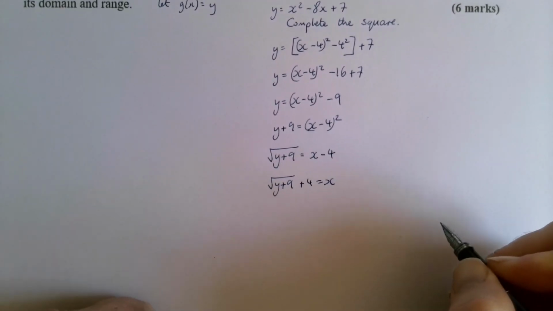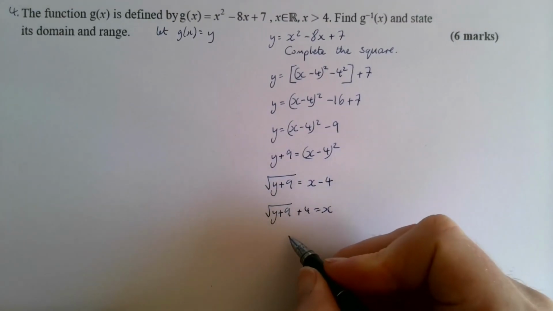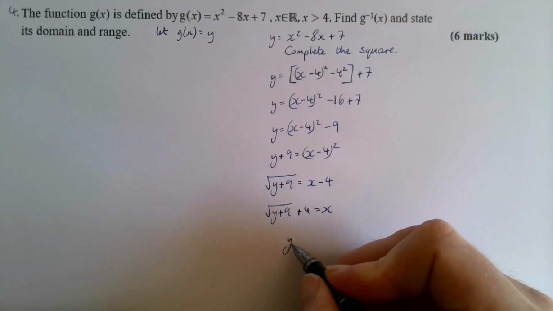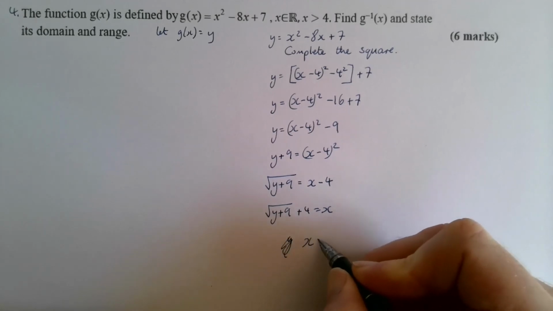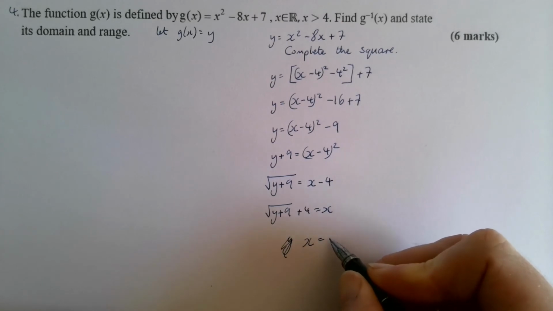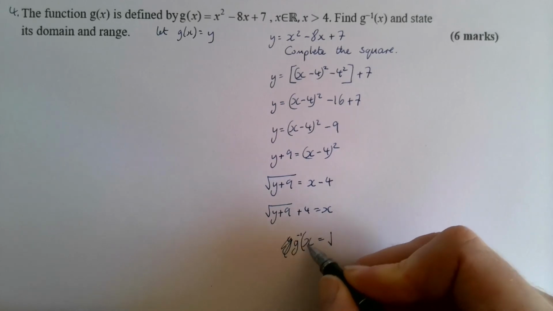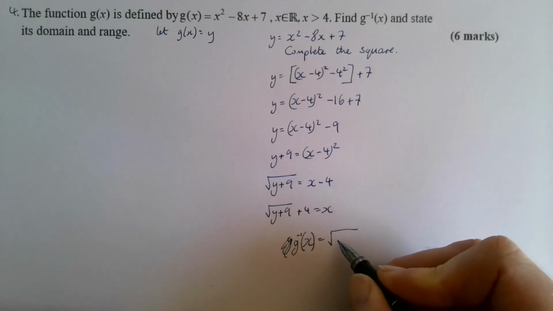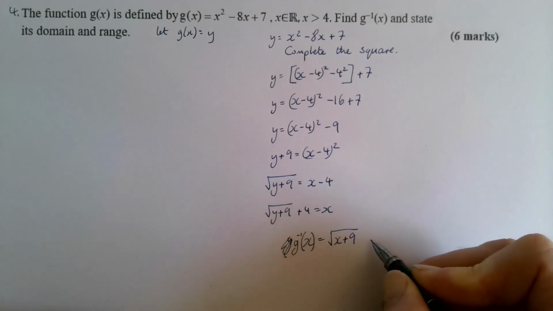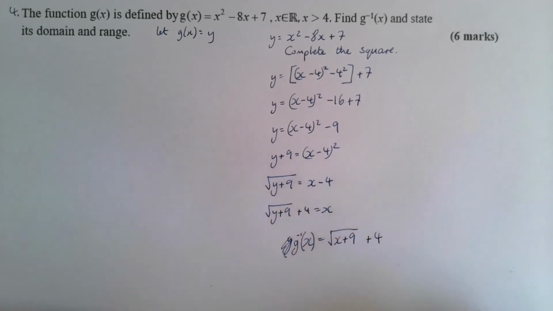And then finally, switch the x back in for the y. So the inverse function is going to equal the root of x plus 9, plus 4.